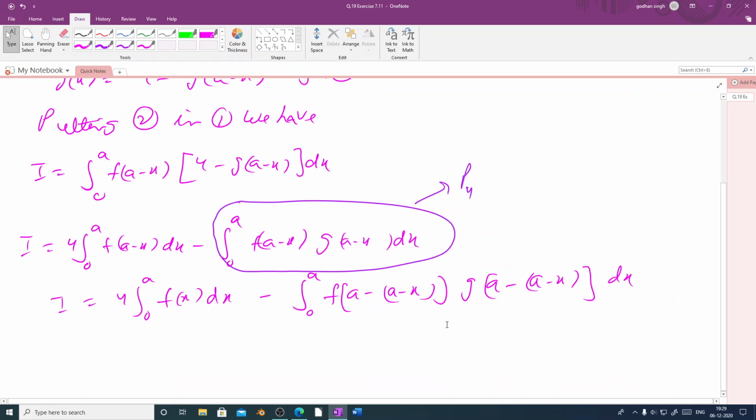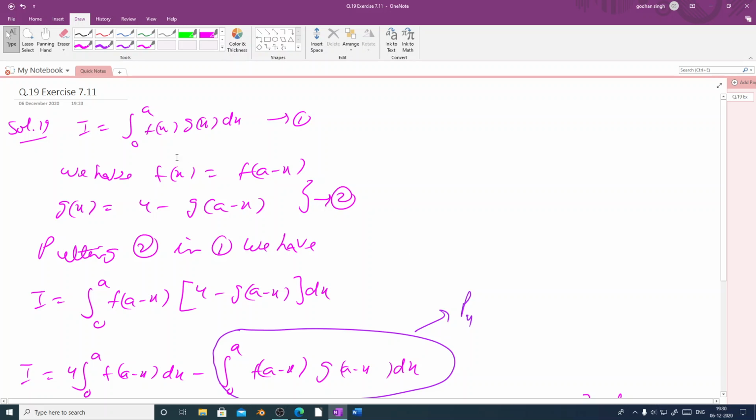So now we'll be getting I equal to 4 times integral 0 to a f(x) dx minus 0 to a, and simplifying it, we'll be getting a minus a, this plus f(x), multiplied by this will also become g(x) dx.